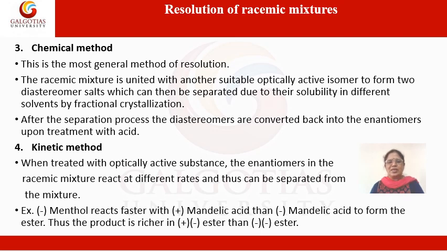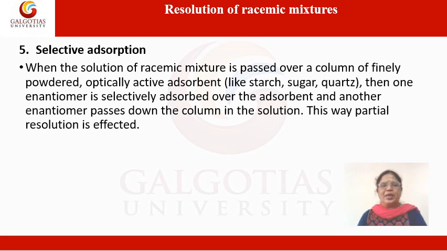In such a case, the dextro mandelic ester will be formed faster than the levo form, and thus the product obtained will have more dextro ester than levo ester. After that, it can be separated.